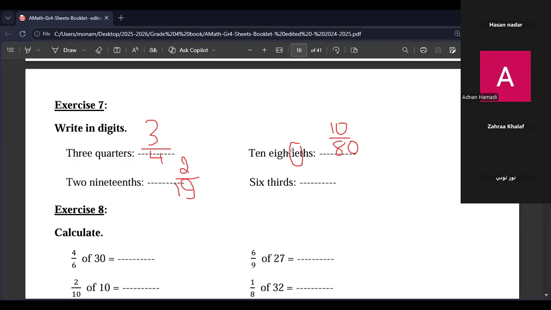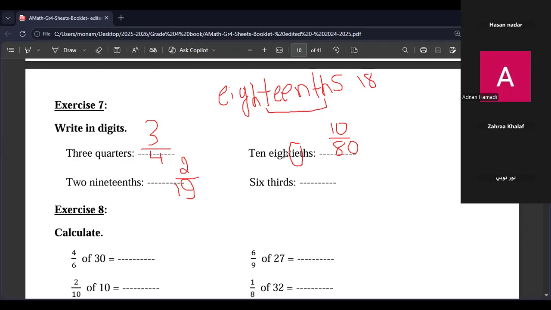10/80ths. So here the 80ths represent 80. If we have 18ths like this, so this is a 18/18, because we have T, E, E, and THS.